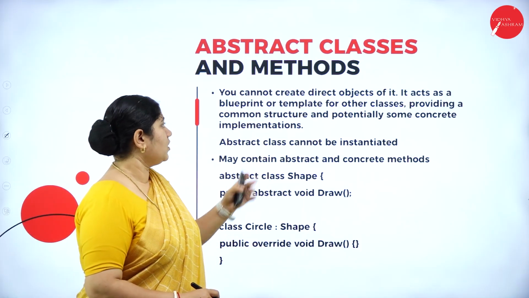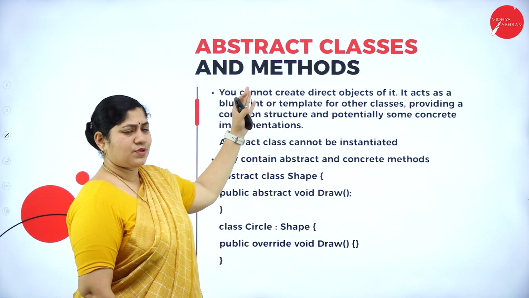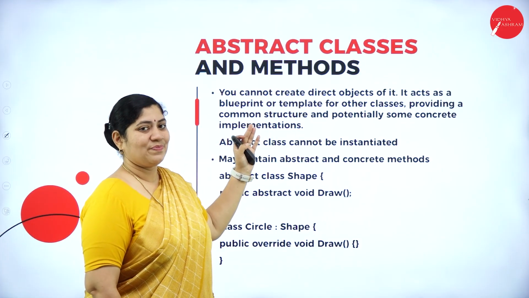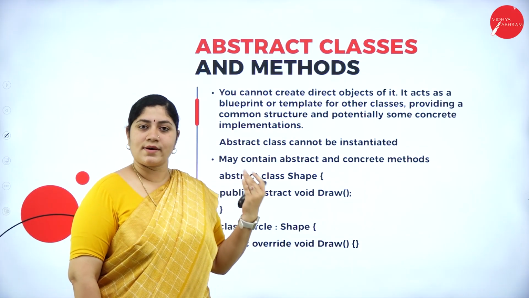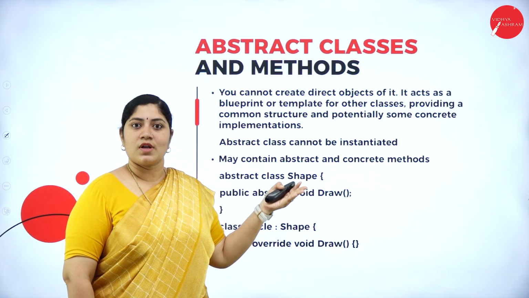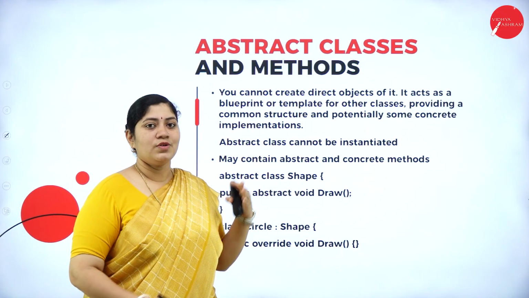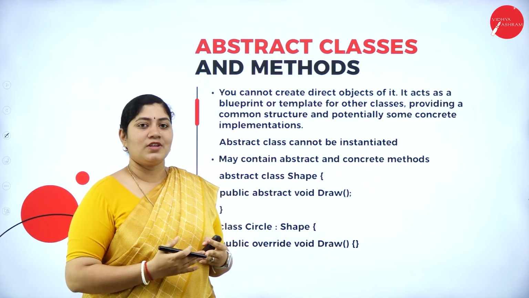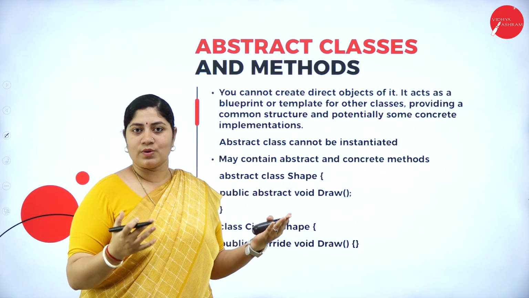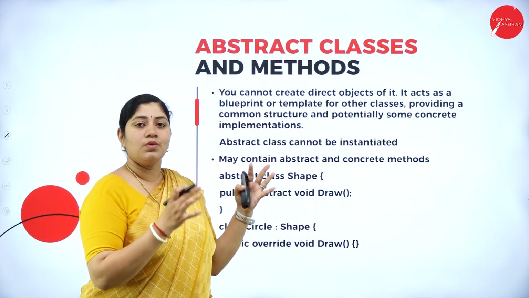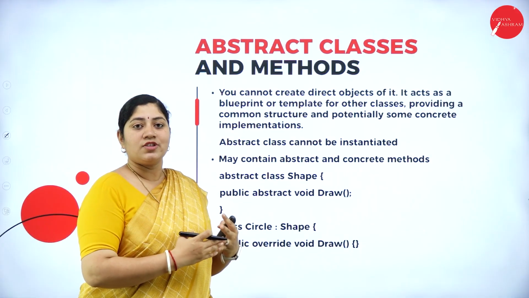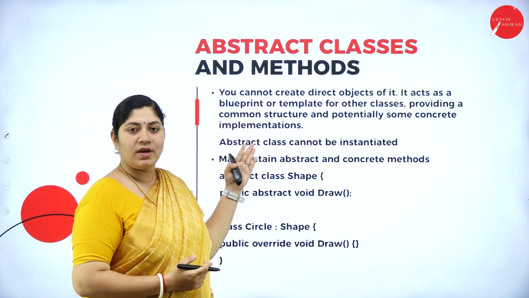Now let's see in depth abstract classes and methods, okay? Moving forward after understanding data abstraction, we have understood that by using data abstraction, we can increase the readability as well as the maintainability of the code, correct? So it's now important to see how to achieve that. Yes, we can achieve that by using abstract classes and methods.